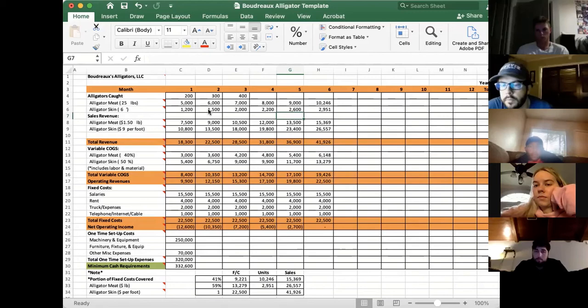Remember what I told you, we had to do one-time setup costs plus his losses until we got to break even. So when we look at this, 12,000, 10,000, 7,000, you see his losses are going down, but he doesn't have any money. Abear's got all the money.